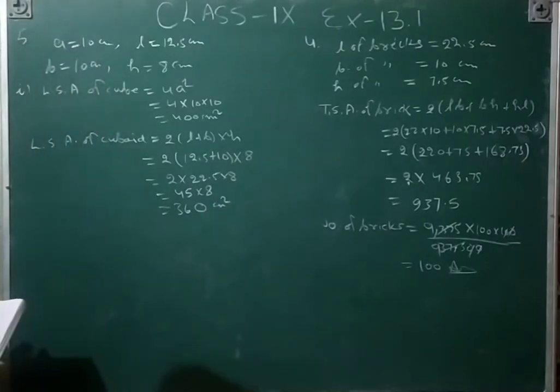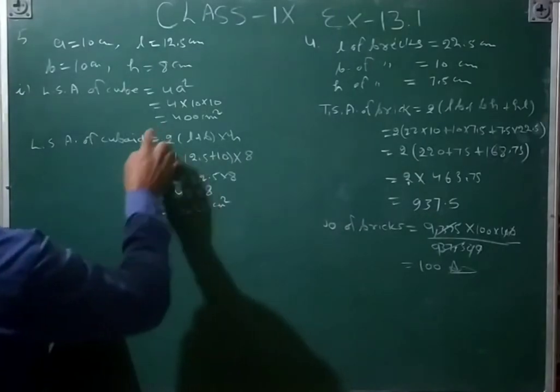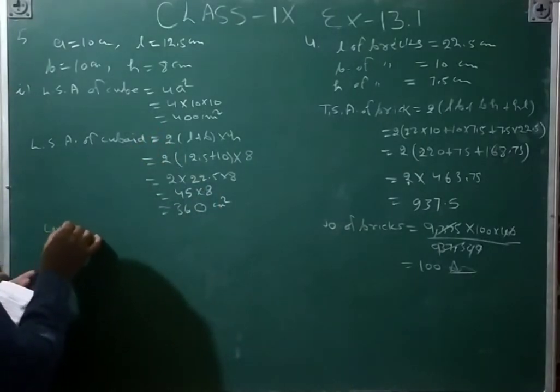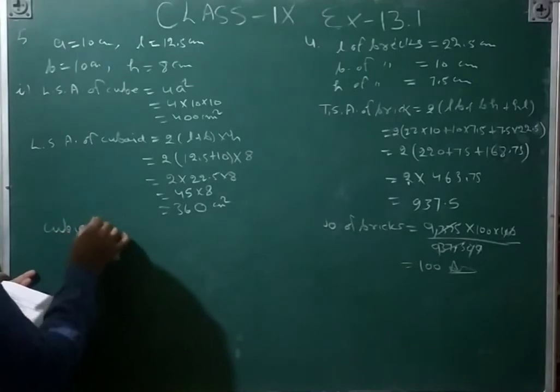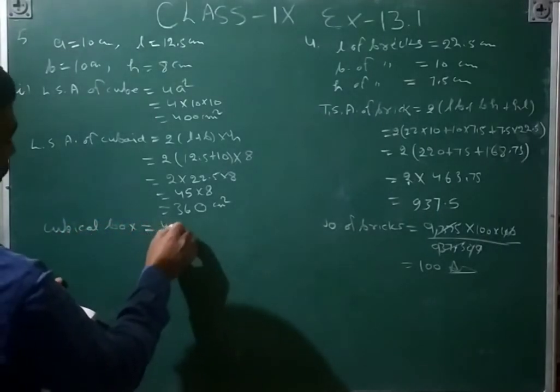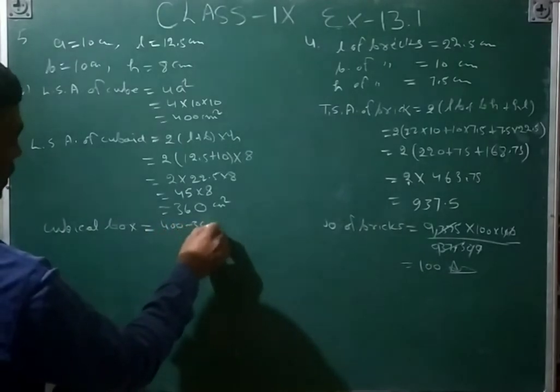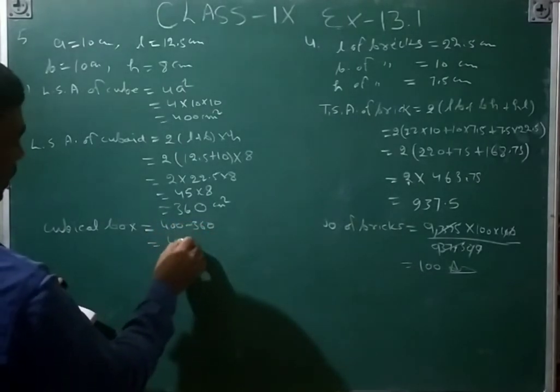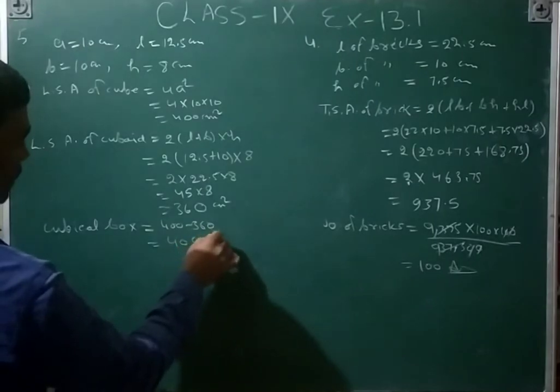And then saying here, which box has a greater lateral surface area? So cubical box is equal to how many: 400 minus 360 is equal to 40 centimeter square.